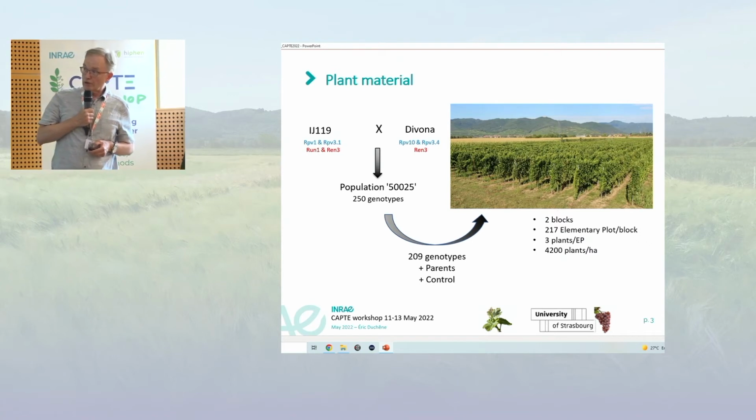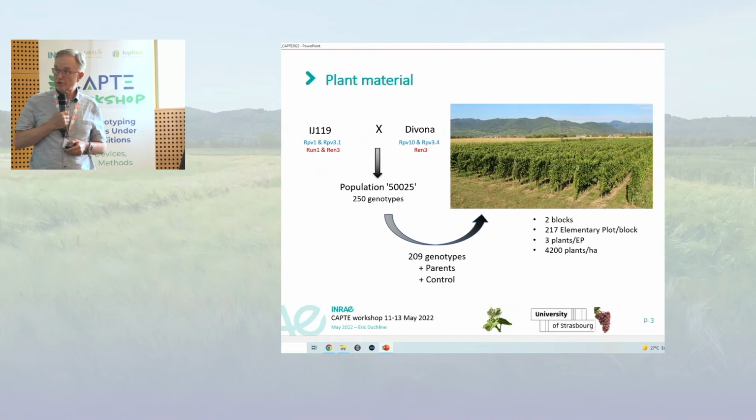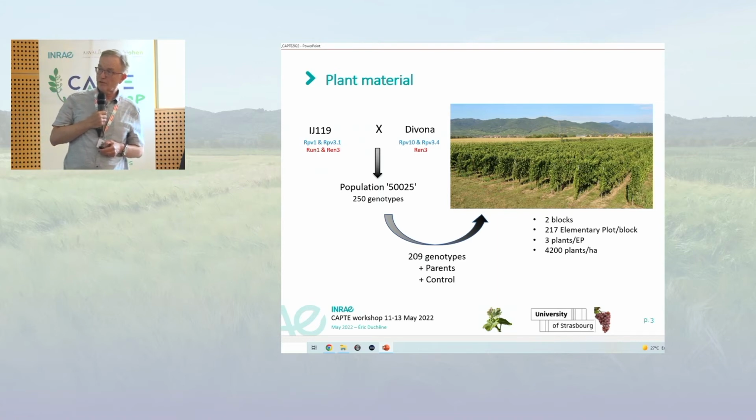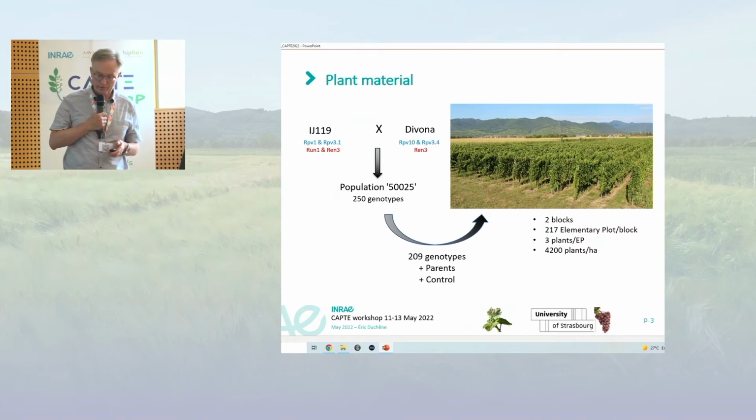For each elementary plot, we have these genotypes, the parents and the control. Each elementary plot is constituted by 3 plants, and we have two blocks, which means we have something like 440 elementary plots to characterize in this experiment.